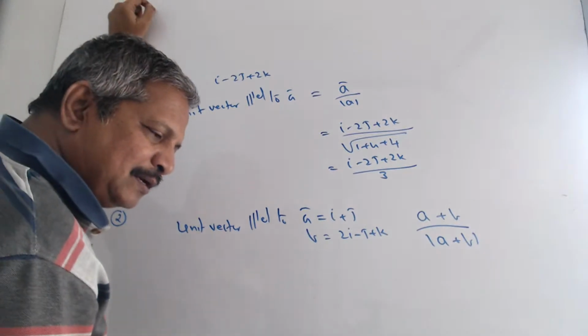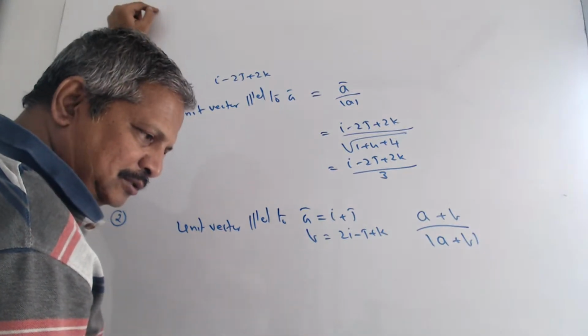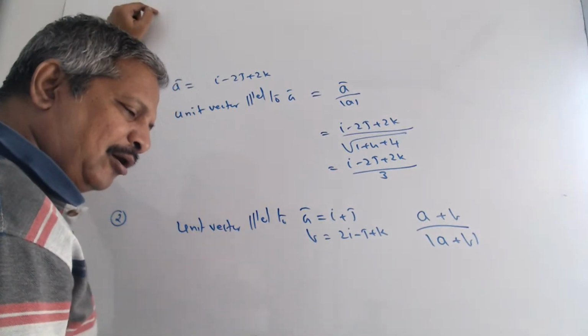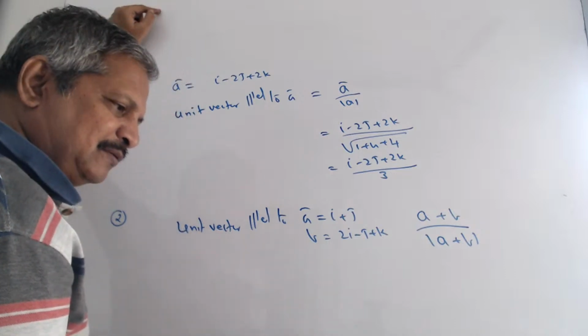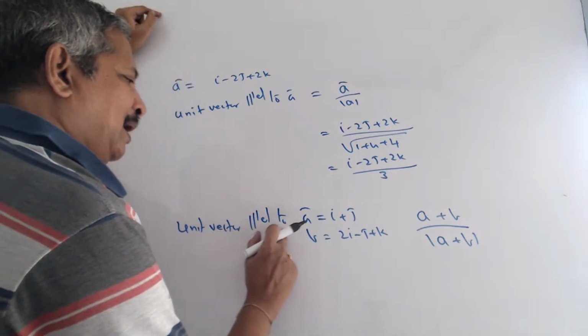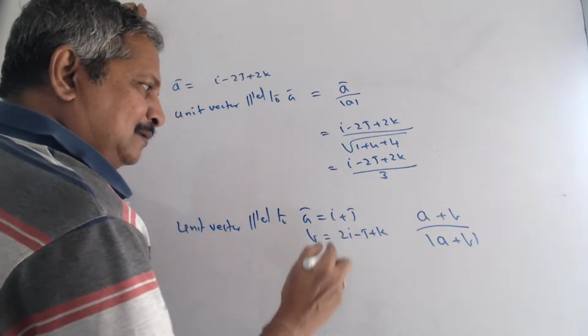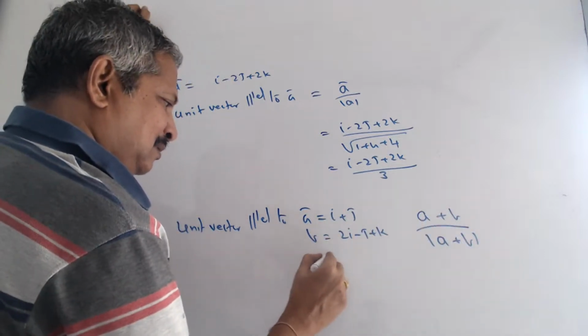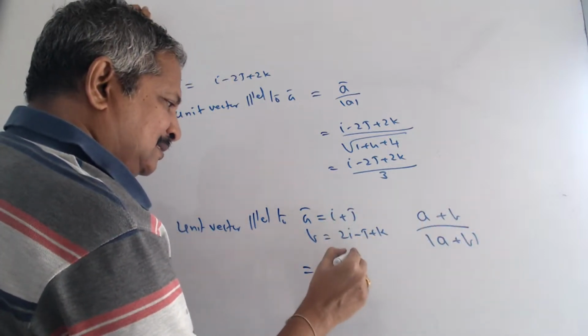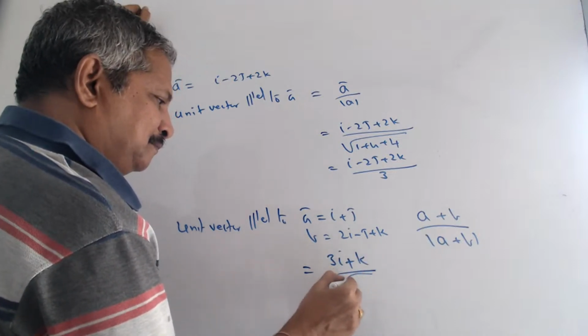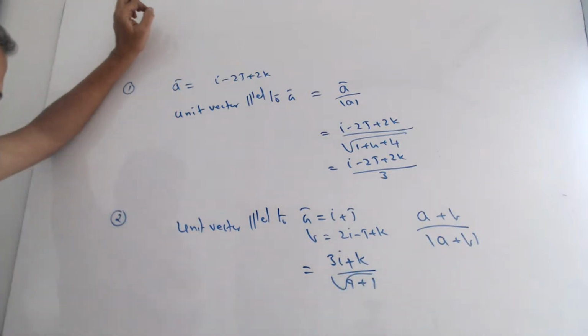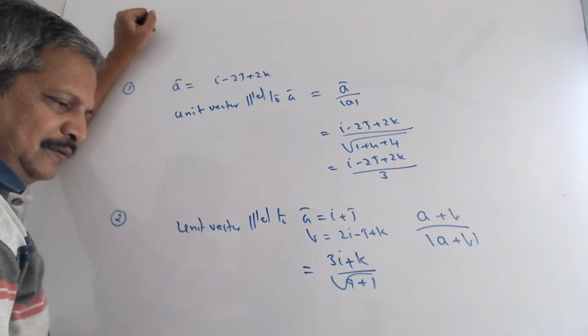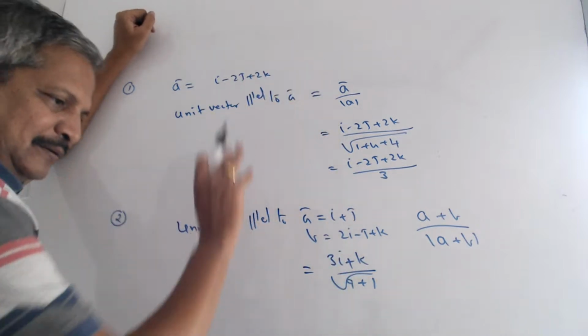I am repeating again today and tomorrow at 1 o'clock also. I am taking all major methods, and I will complete vector algebra. So the unit vector parallel to A and B is A plus B by mod A plus B. 3i, j cancels, k, by root of. This is the unit vector parallel to A and B.